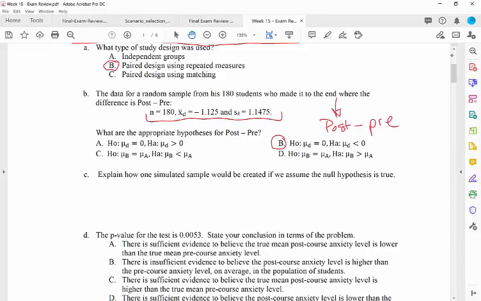All right, so our sample size is 180. So we're going to flip a coin 180 times.